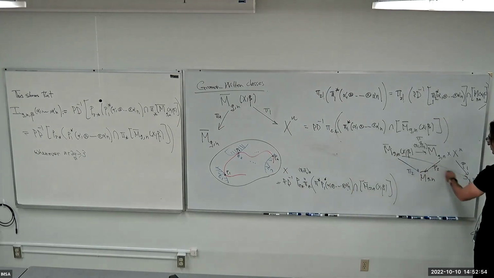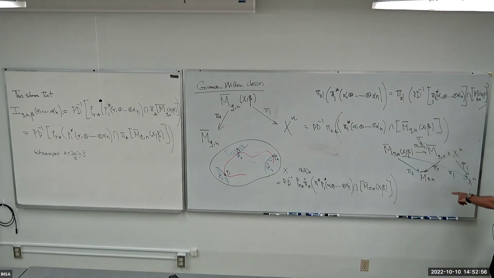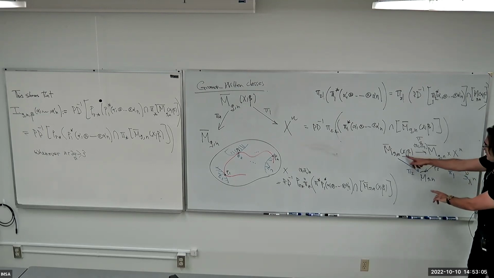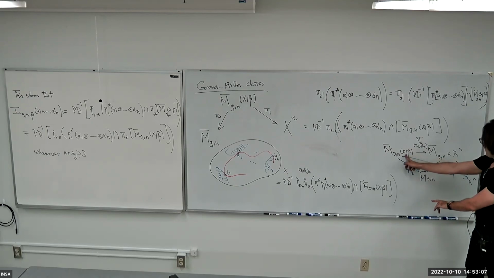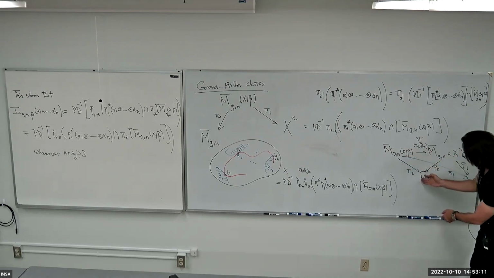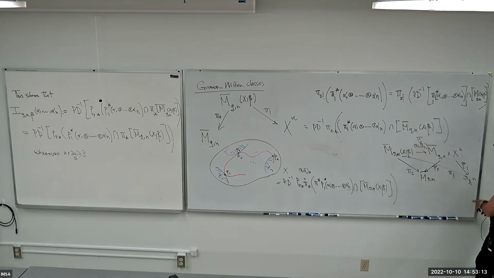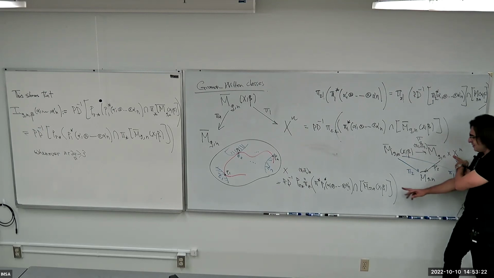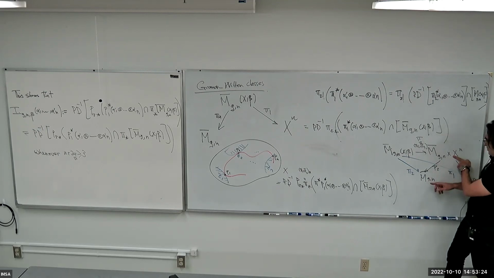We use the commutativity of this diagram, basically. So we pull back things to here, and then to here, and then push it forward to this product, and then via P2 send it to here. So what do we do? We pull back things to here first, and then we pull back M bar g,n times beta.